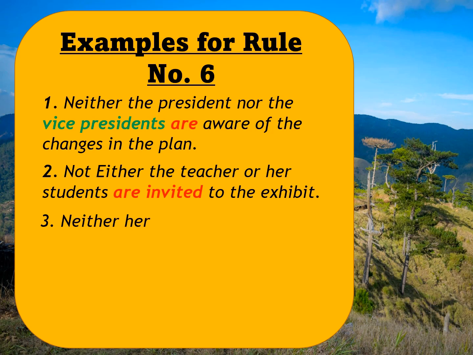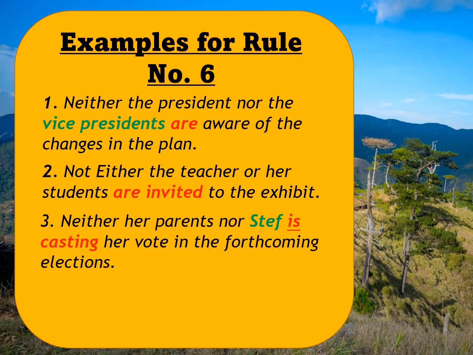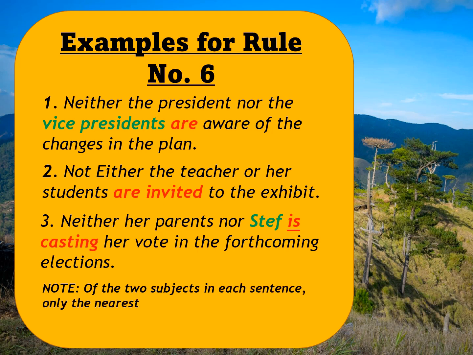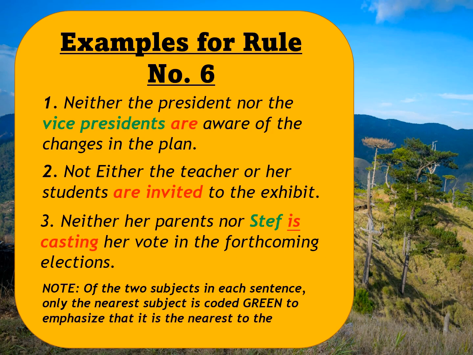Number 3, neither her parents nor Steph is casting her vote in the forthcoming elections. Note, of the two subjects in each sentence, only the nearest subject is coded green to emphasize that it is the nearest to the verb.